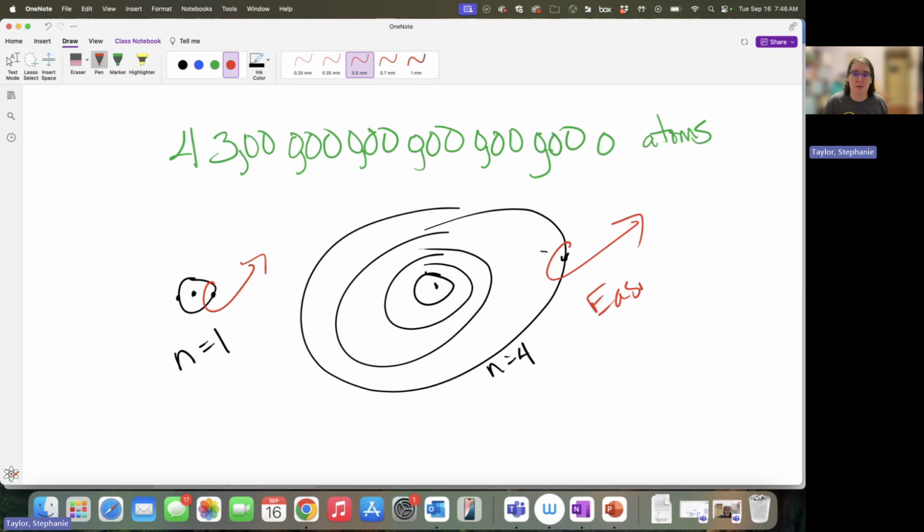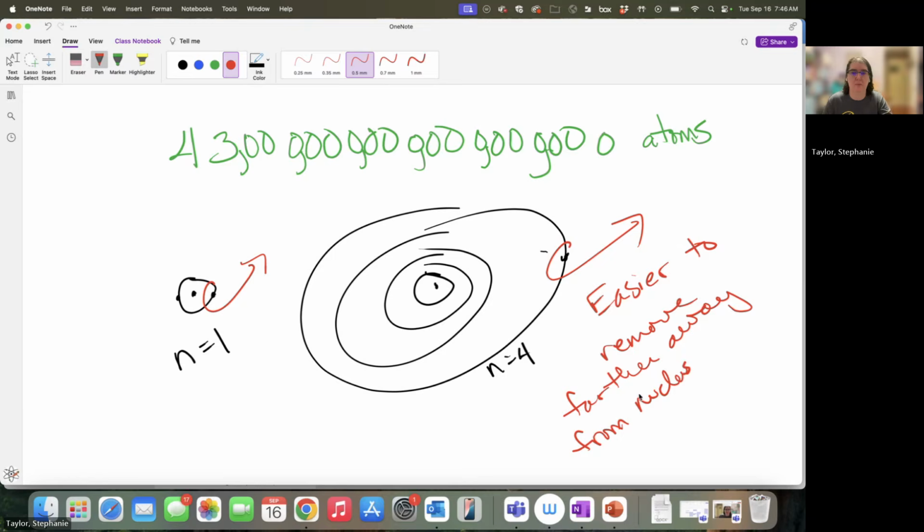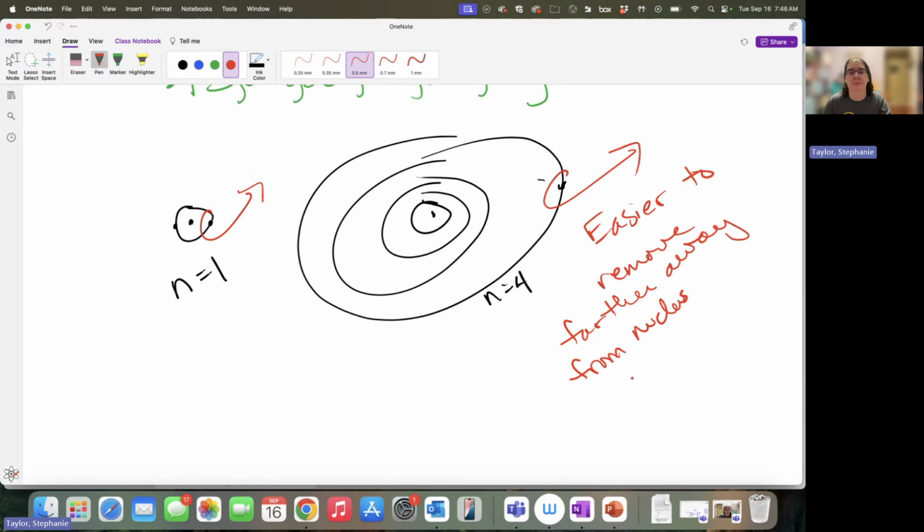So easier to remove, farther away from nucleus. When we say easier to remove, that means less energy needed.